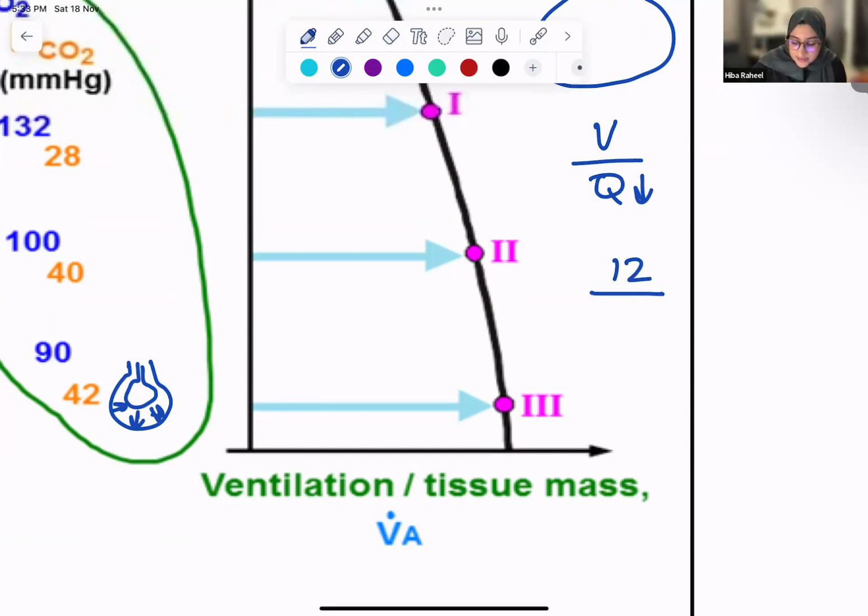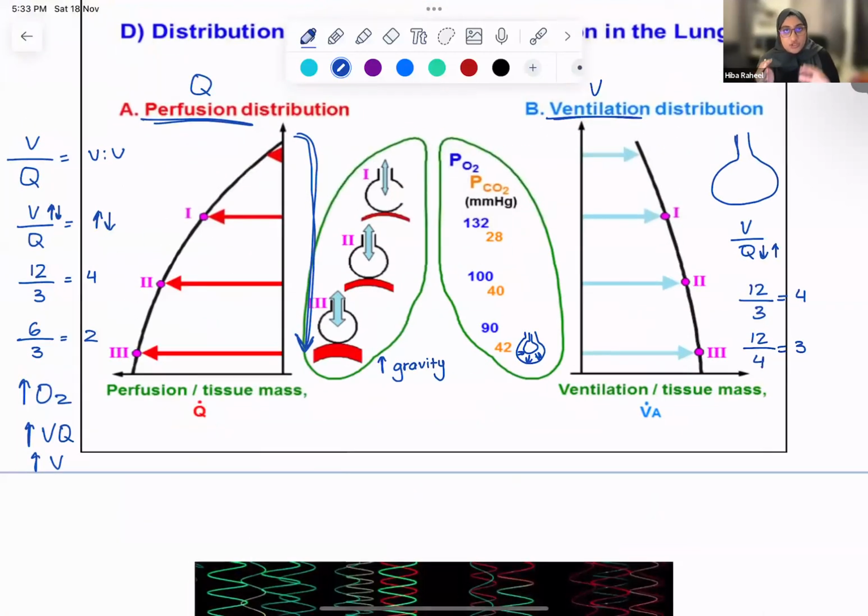Perfusion, let's first make it 3. So what's the answer? 4, correct? Now let's increase it and make it 4. Automatically, the answer drops. So they're inversely proportional, right? It's simple math. When you decrease the bottom number, the answer increases. When you increase the top number, the answer increases, okay? You can use this logic when you're stuck in the exam and you don't understand.